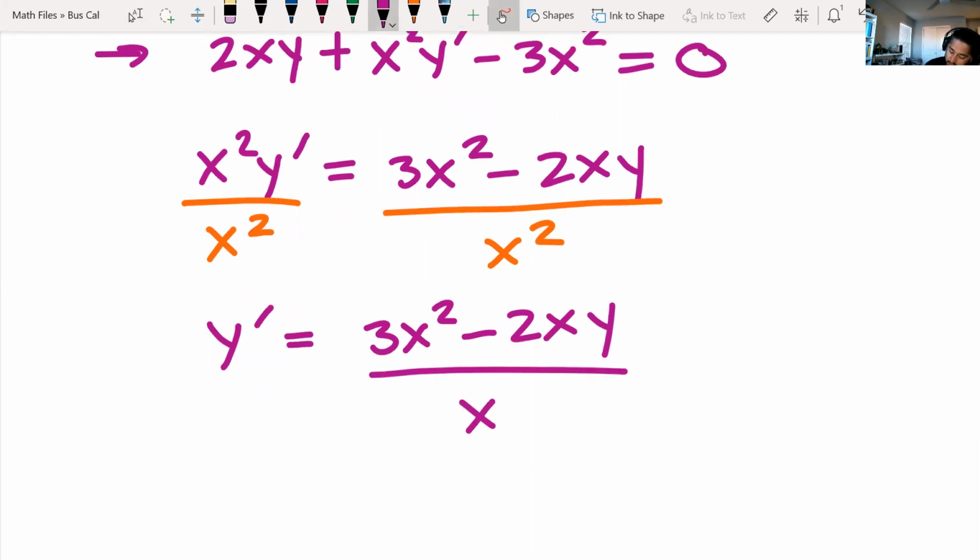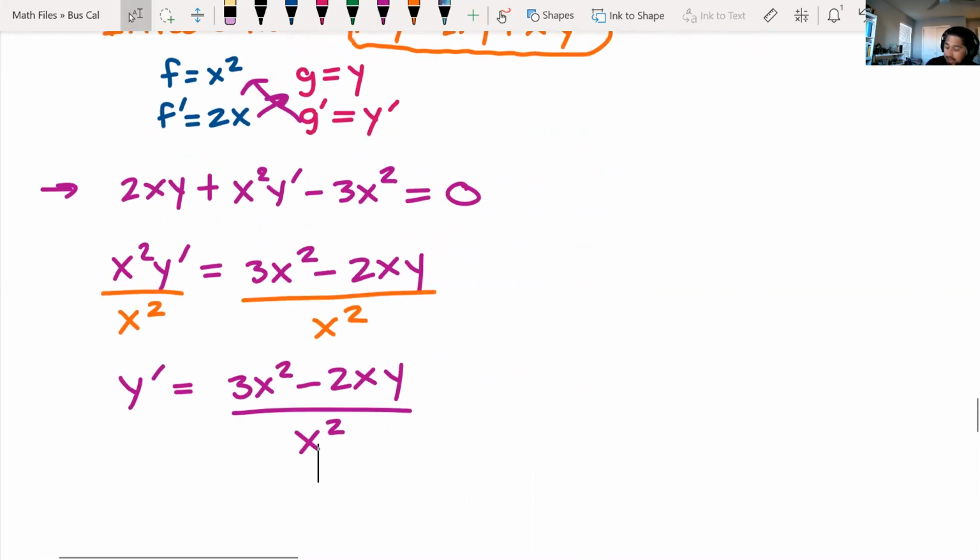over x squared. And now for this one, we actually have a chance to simplify more because in the numerator, you have a greatest common factor of what? Just x.